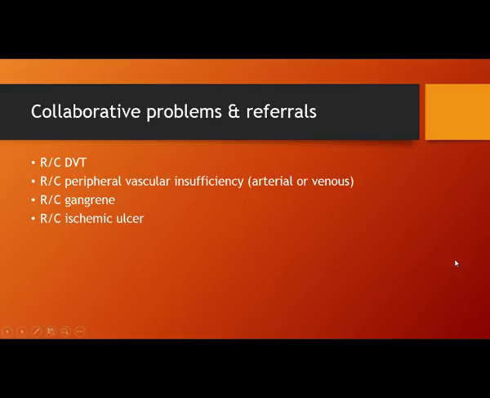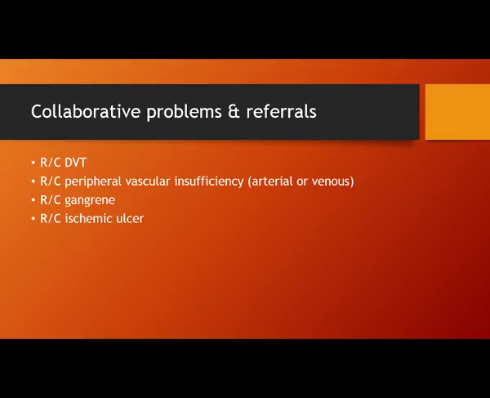Collaborative problems and referrals. Risk of complications for DVT. Remember, if you see evidence of a DVT, you're going to stop your assessment and report it to a provider. You don't stop your whole assessment. You would stop your assessment of that extremity.